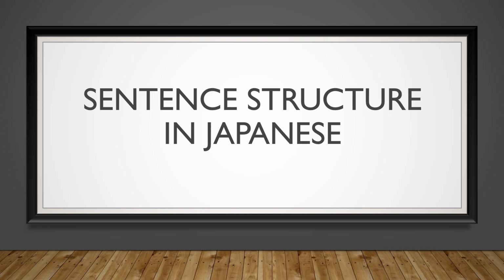Before we have a look at the sentence structure, I would like to tell you all an interesting fact. You'll be surprised to know that the sentence structure in Japanese language is similar to that of all or most of our Indian languages.